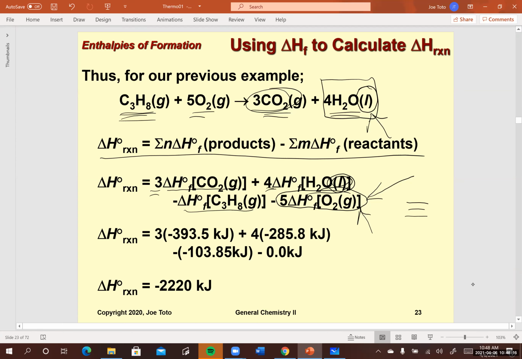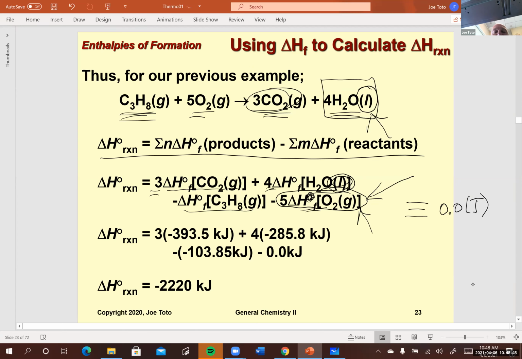Well, it's an element in its constituent form under standard conditions. So what's its delta H of formation? Anybody? It's defined as 0. Remember, that's our reference.